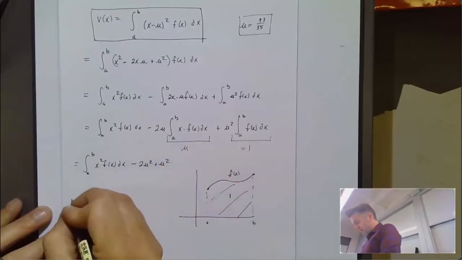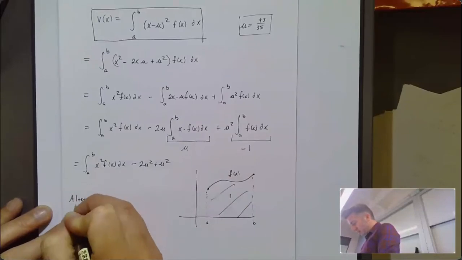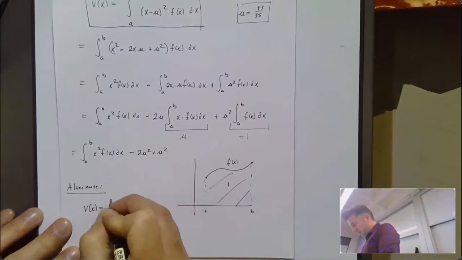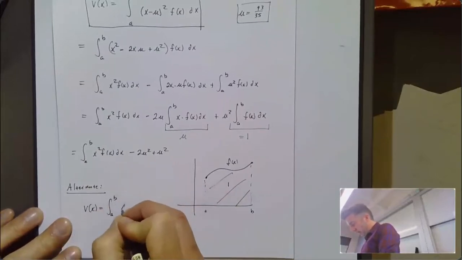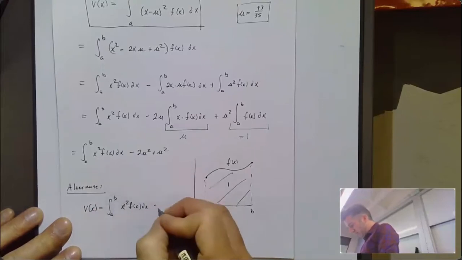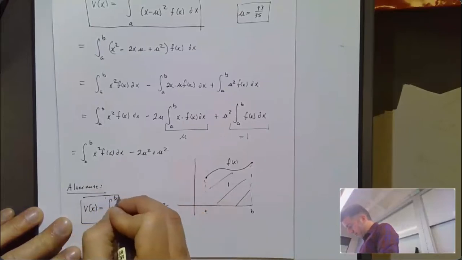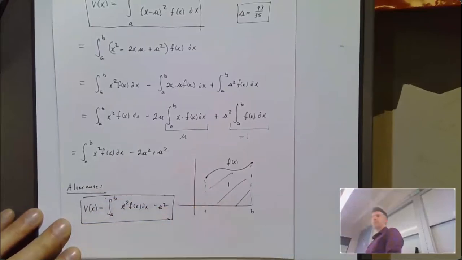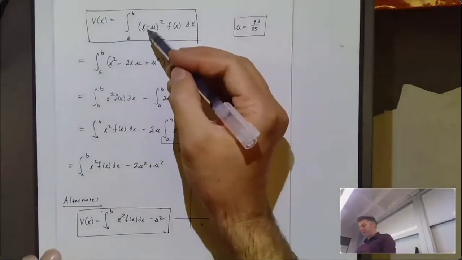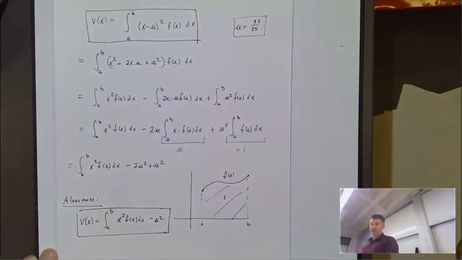So simplifying this, the alternate formula is that the variance is equal to the integral from a to b of x squared times f of x dx minus the mean squared. And that's going to be much nicer than doing your variable minus the mean quantity squared, multiplying it by f of x, and then integrating that.